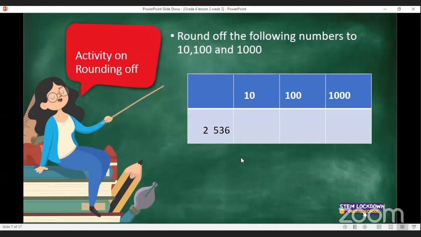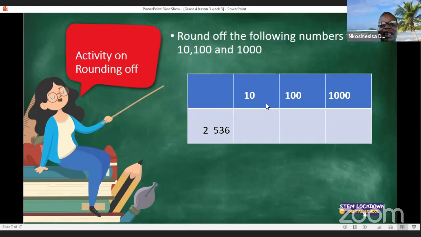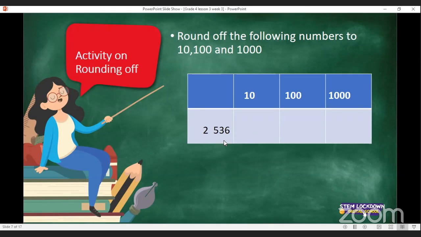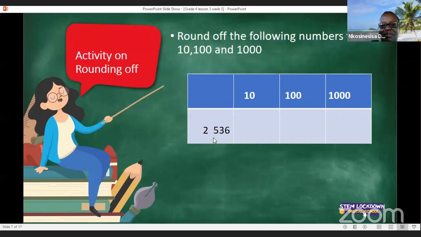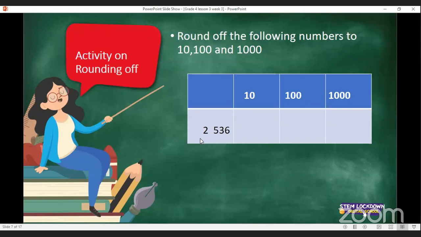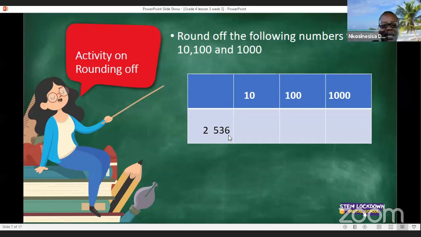You first look at the thousands. We are rounding off to the nearest tens, Naledi. You first look at the first number. Which ones are tens in the number, Naledi? 2. In this number? Okay, what is the place value of 6, Naledi?